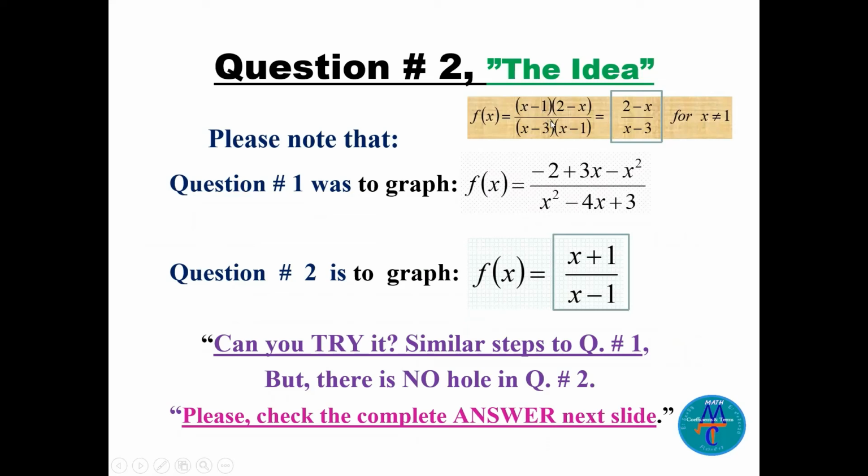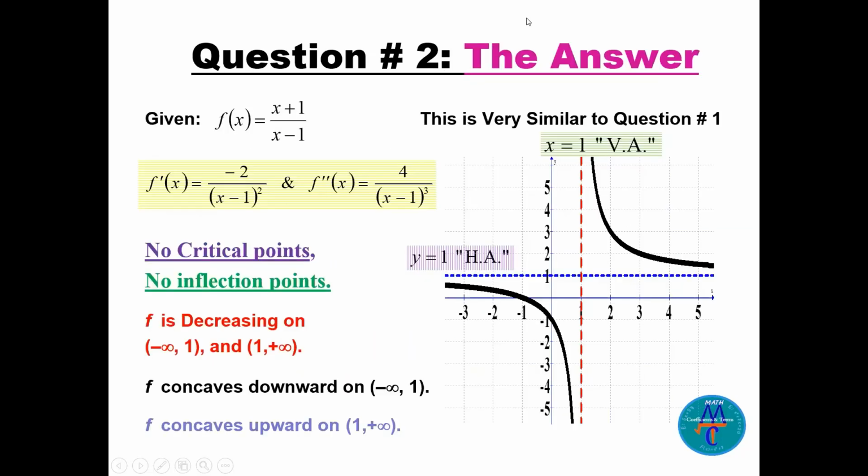But after we try cancellation, see there is a cancellation of x minus 1, as I mentioned before, so this function in question number 1 became (2 minus x) over (x minus 3). X cannot be 1, there is a hole. But look at question 2 here. We have to graph this function, (x plus 1) over (x minus 1). Very similar.